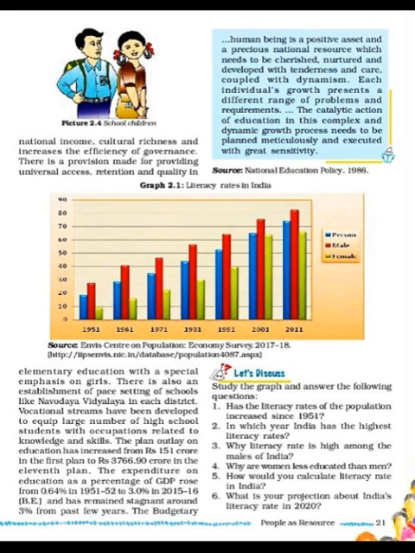It also makes various plans to increase the retention of students, and special emphasis is given on girls' education. Many campaigns the government of India has launched in order to protect the girl child, Beti Bachao, Beti Padhao. So many campaigns our government has introduced in order to save the girl child and to educate the girl child.